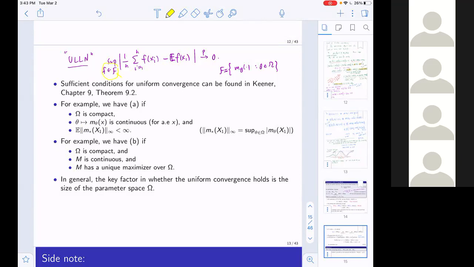If things are compact, you can cover a compact set by a finite set of balls, so things reduce to the finite case. But in general, if your f is infinite dimensional, then you want to cover it with enough balls so that you pay a small approximation error price. And so the complexity of that function class comes in.